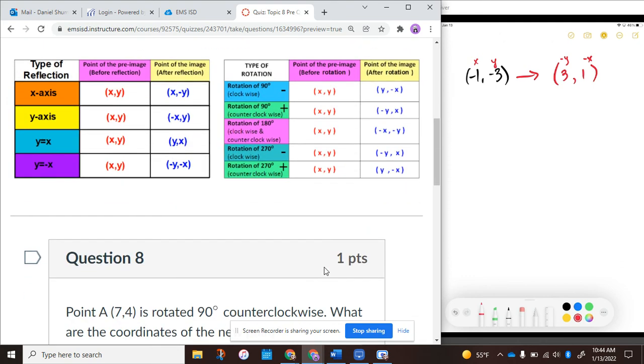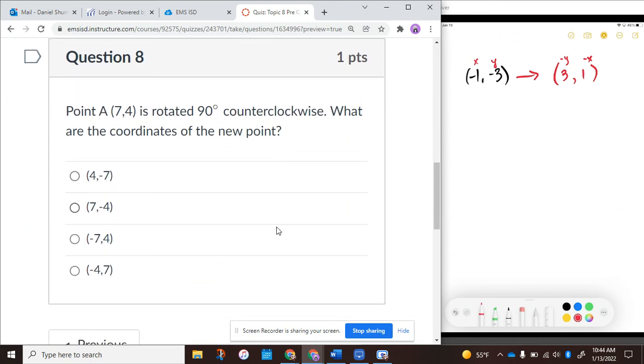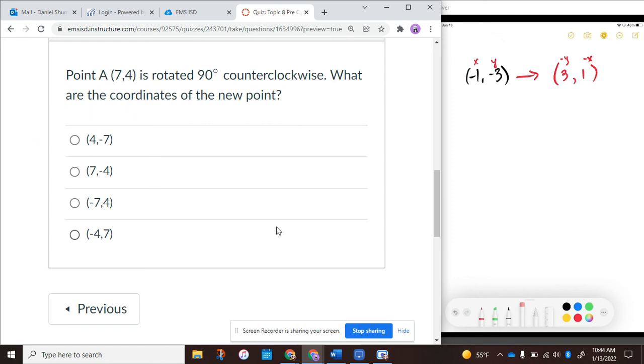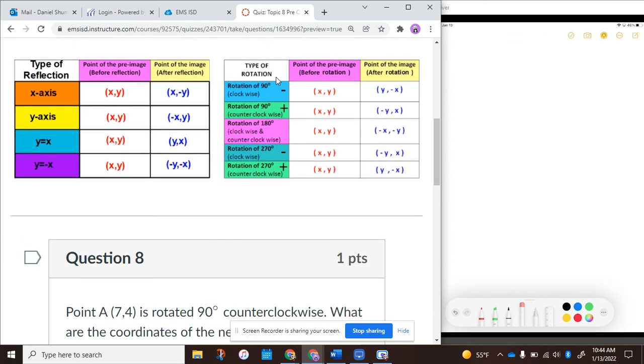Our last question on the pre-quiz. Point A is rotated 90 degrees counterclockwise. So the first question, if we're going counterclockwise, is that going to be a positive or negative rotation? The answer is it is a positive. Look at this chart right here. If we're going counterclockwise, that is in the positive direction. That's that plus sign right there. Same thing down here. The positive direction is counterclockwise.